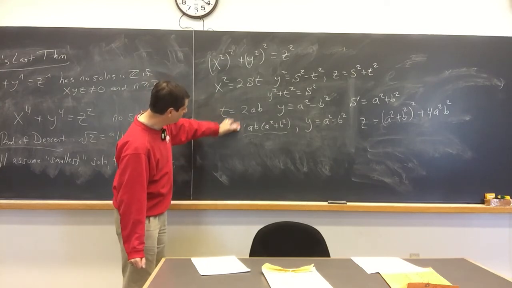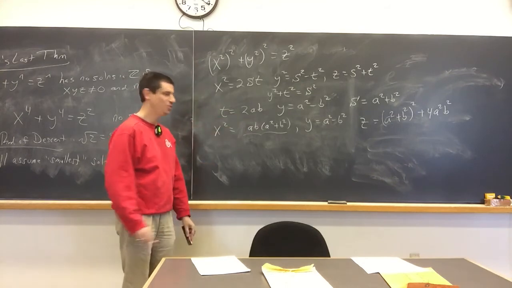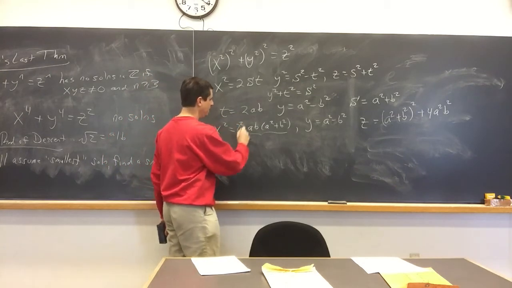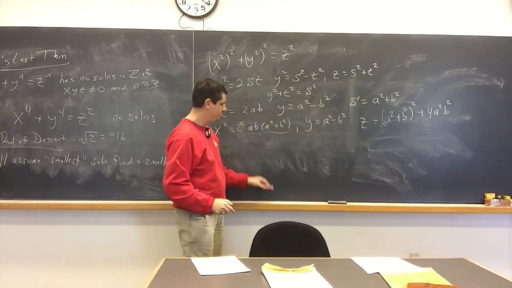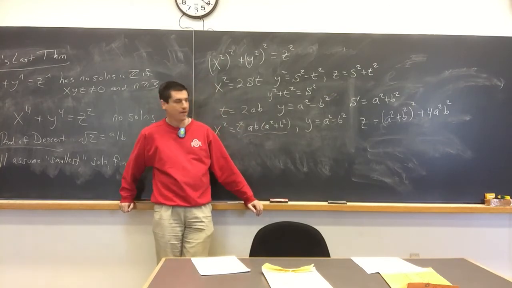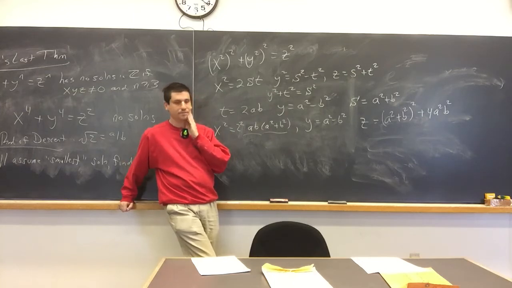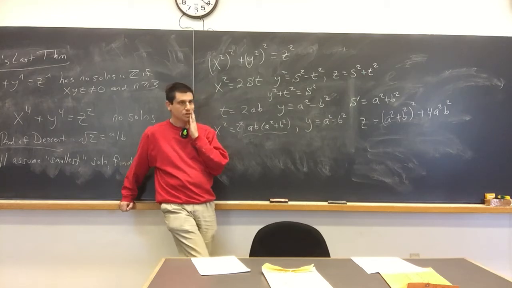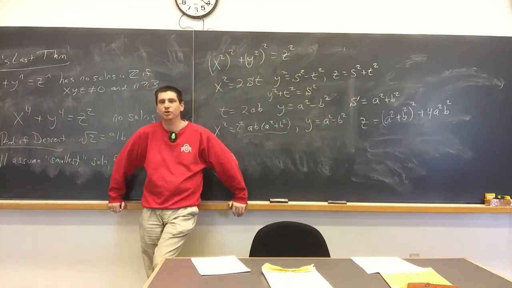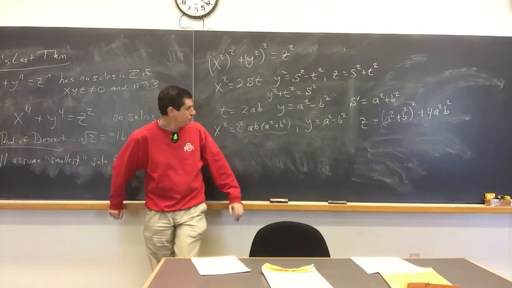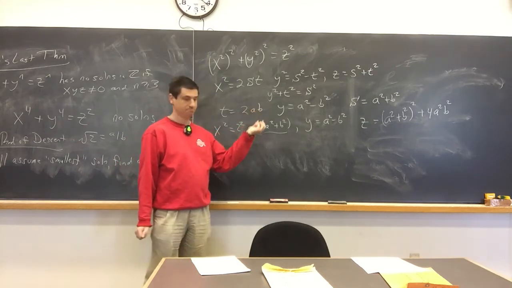So I'm going to write, how should I write 4? 2 squared. And now I know this whole thing has to be squares. Do a and b have any elements in common? Imagine something divides a and b.